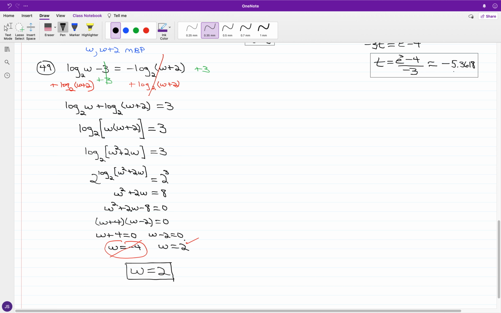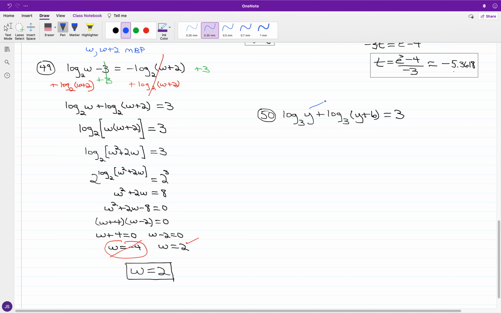And then we have crossing over to what we have again with logarithmic equations. And we have number 50. So you have the base 3 logarithm of y plus the base 3 logarithm of the quantity y plus 6 is equal to 3.